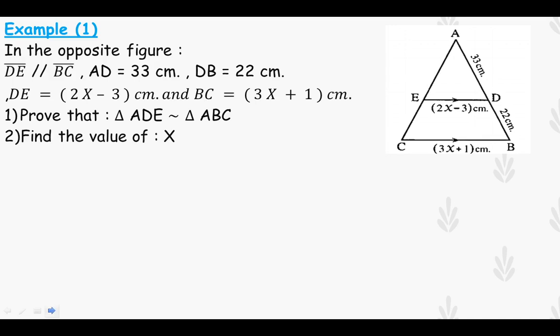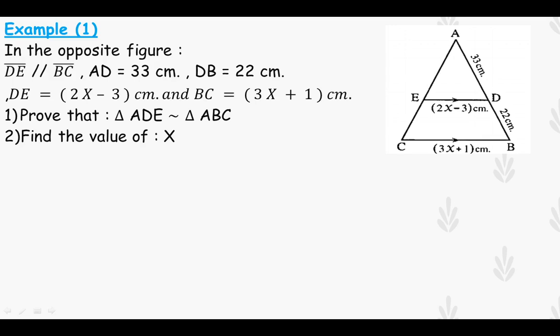Here, to prove that triangle ADE is similar to triangle ABC, all you have to write is that since ED is parallel to BC, therefore triangle ADE is similar to triangle ABC, and that's it. Why are the two triangles similar? Because ED is parallel to BC.